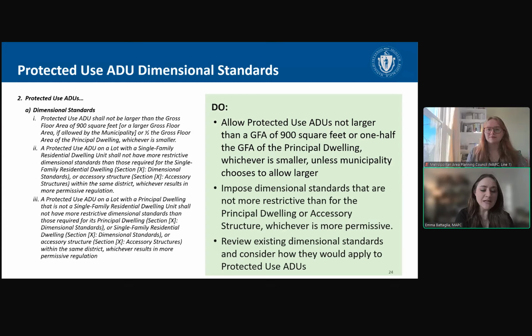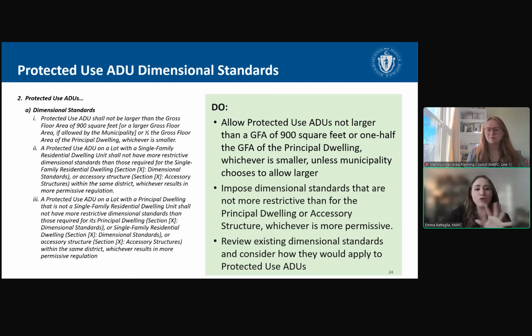Next. Okay. So we spend a lot of time in the model zoning breaking down how you should structure dimensional standards, and some suggestions based on the type of community you live in and generally how big your lots are.